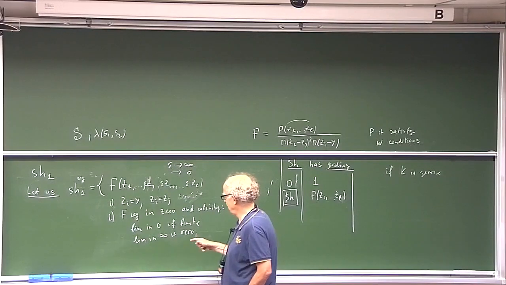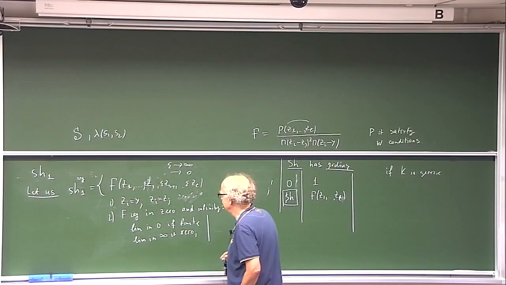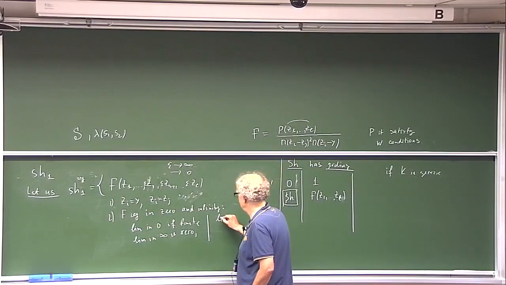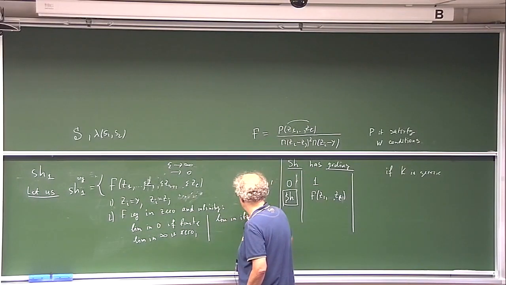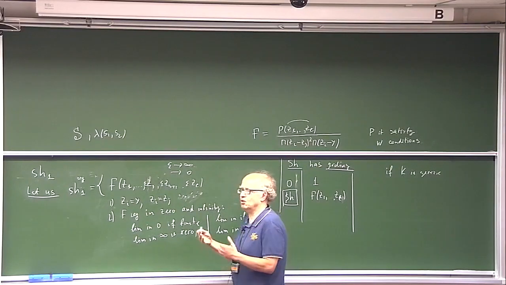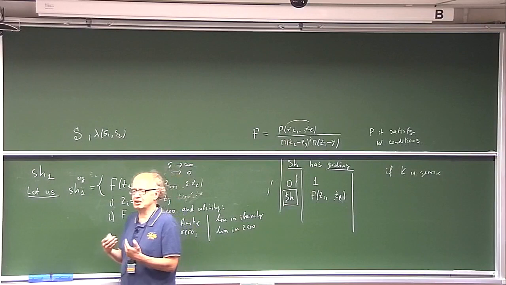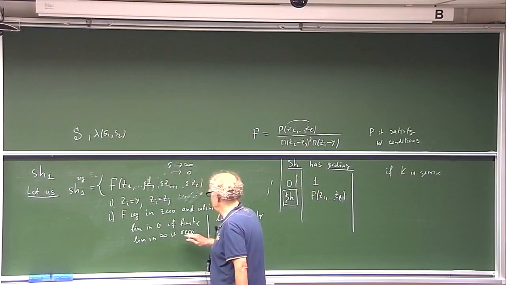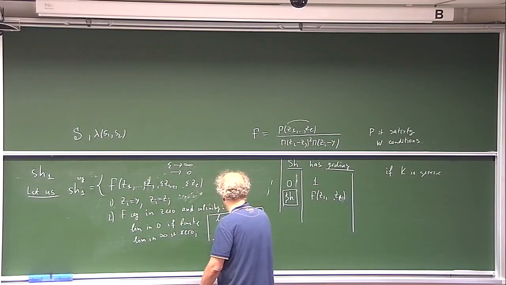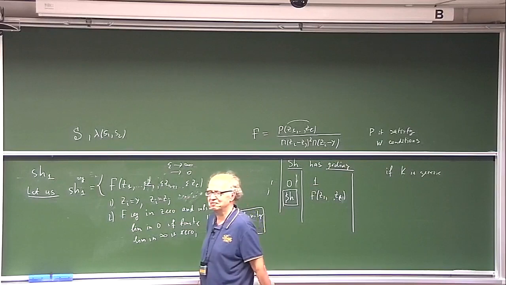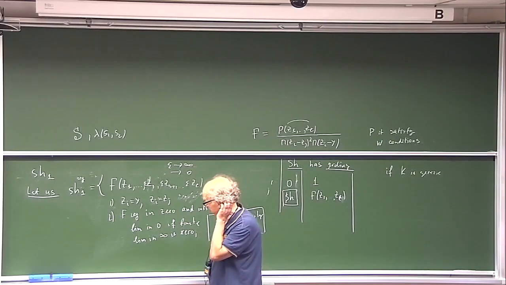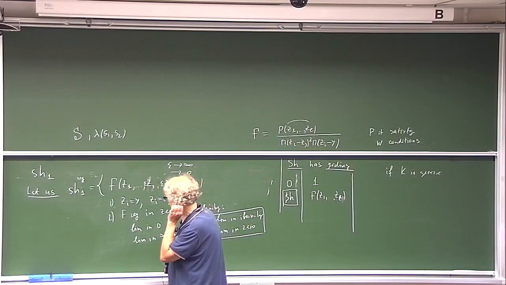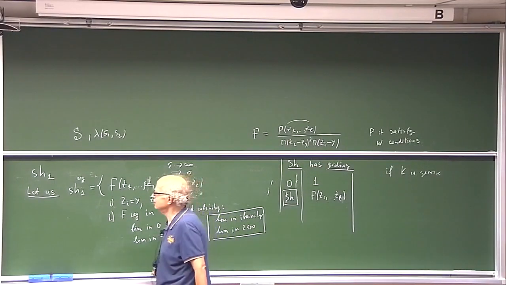For example, I can replace this by the condition that the limit at infinity is the same as the limit at 0, or the ratio is something. This is also possible. Anyway, we will work with this, but here I only want to say that we have some freedom in this regularity condition.